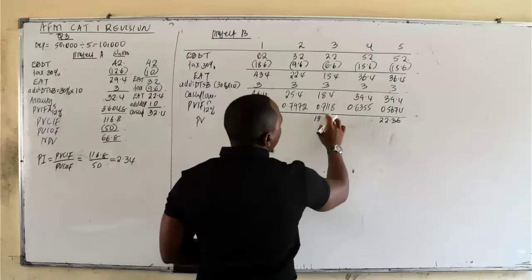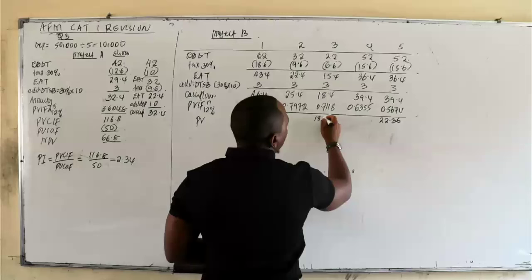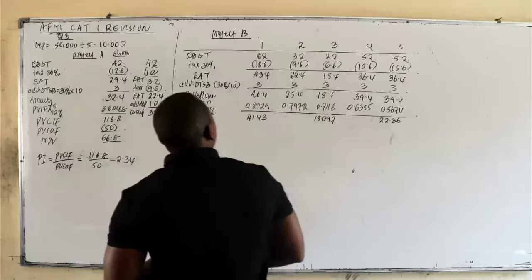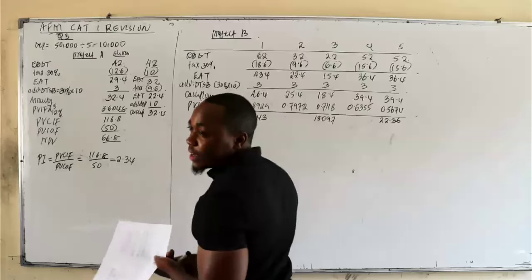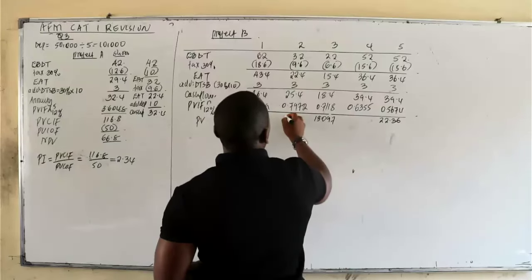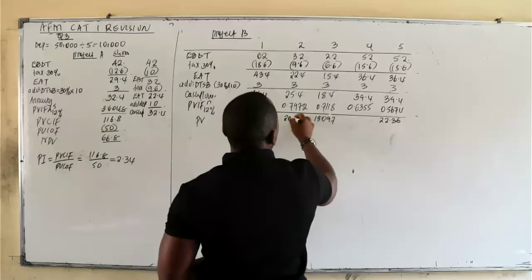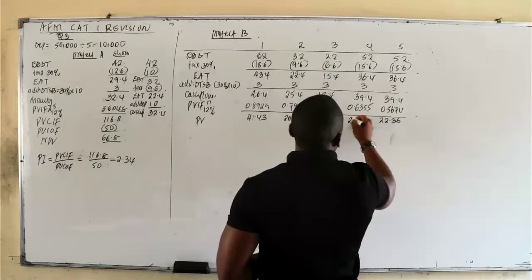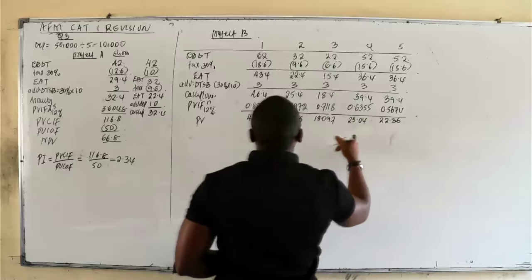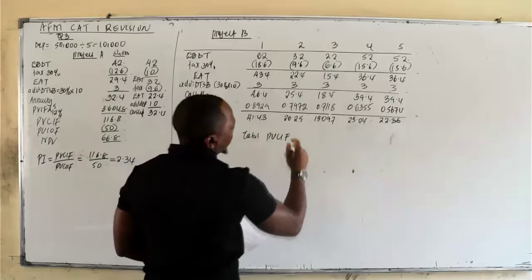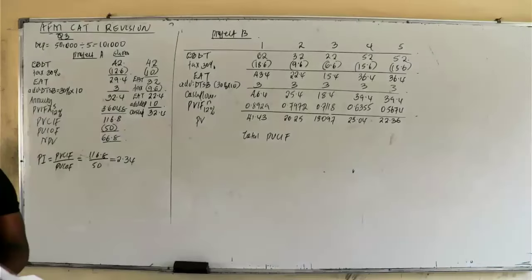The third one is 13.097. Second one is 20.25. What about this? 25.04. Now give me the total present value of cash inflows.